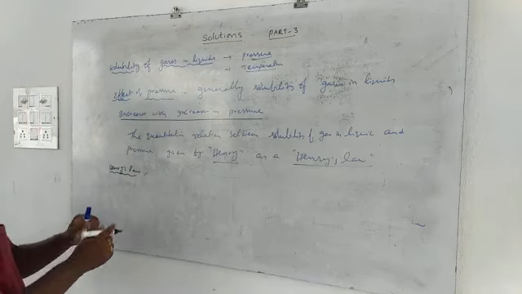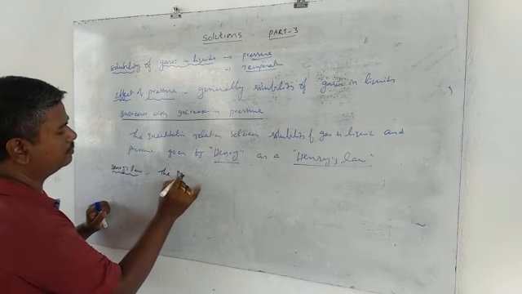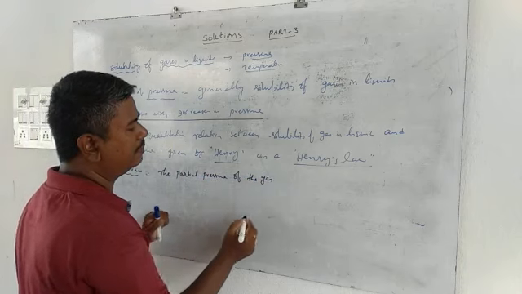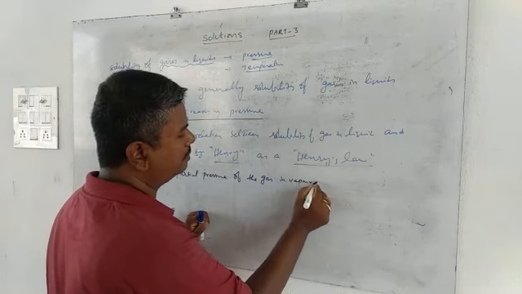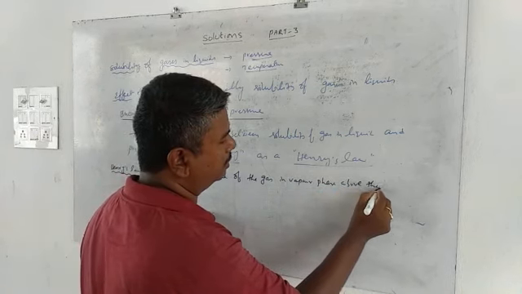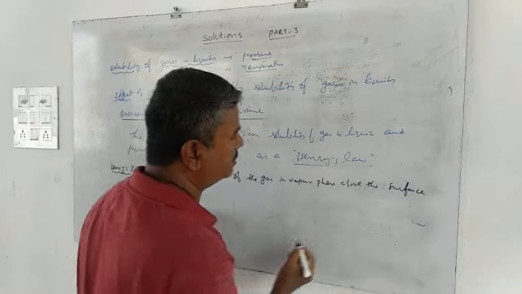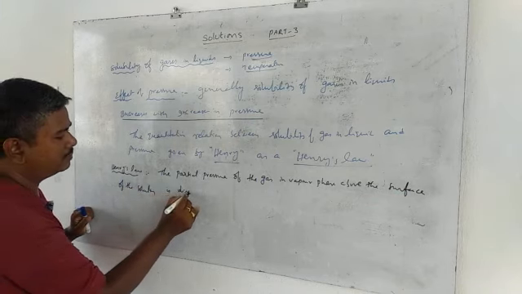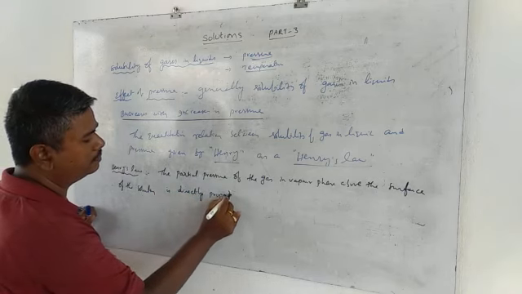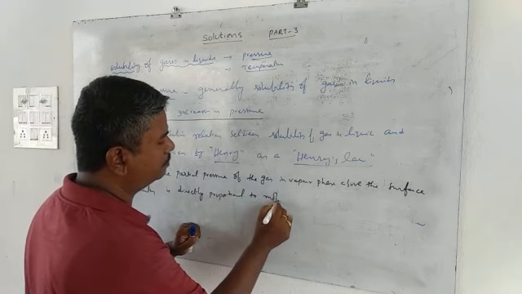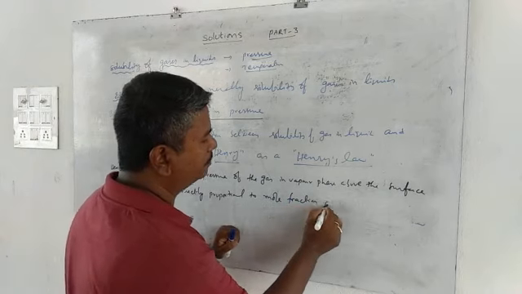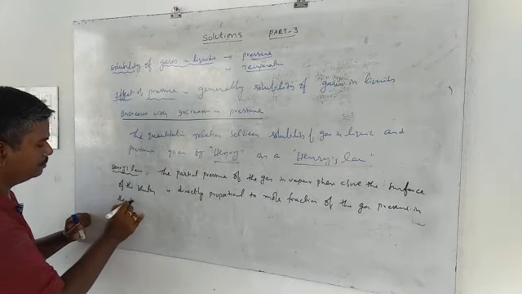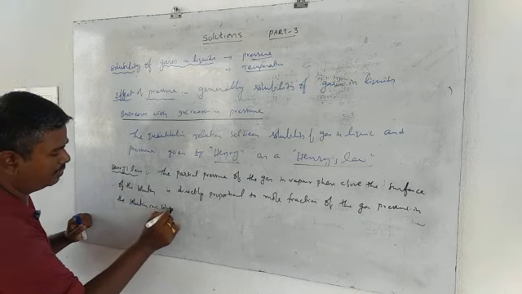Henry's law defined as which one? The partial pressure of the gas in vapor phase above the surface of the solution is directly proportional to the mole fraction of the gas present in the solution or solvent.